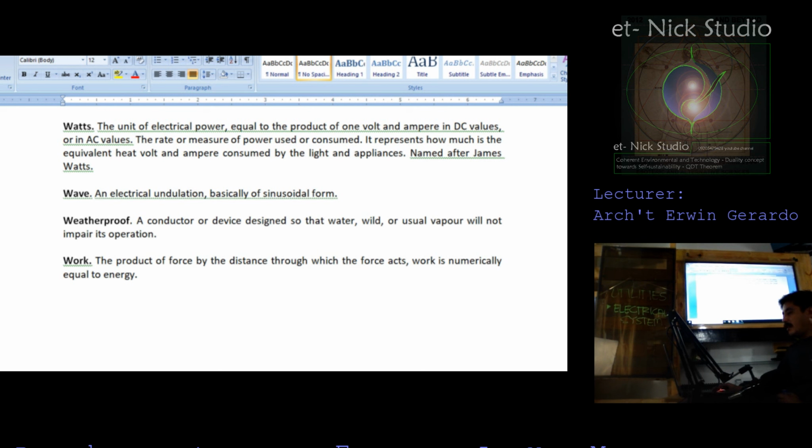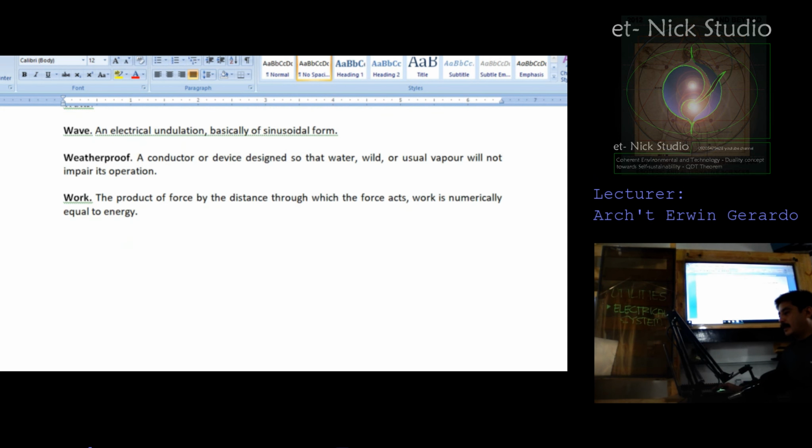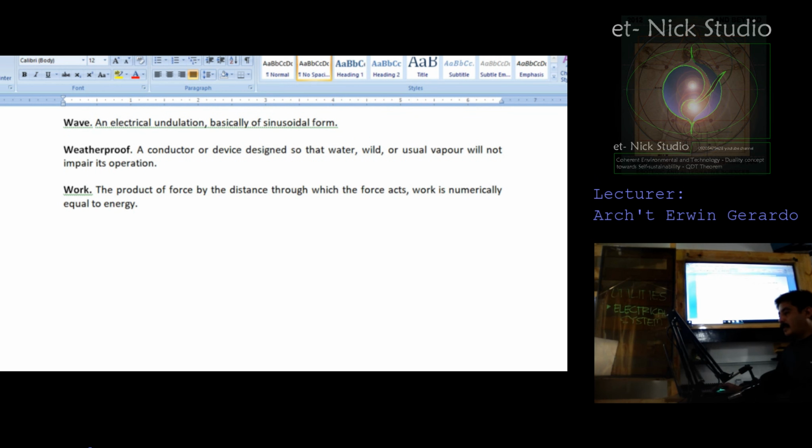It represents how much is the equivalent heat of volts and amperes consumed by the lights and appliances, named after James Watt. Wave, an electrical undulation, basically of sinusoidal form.